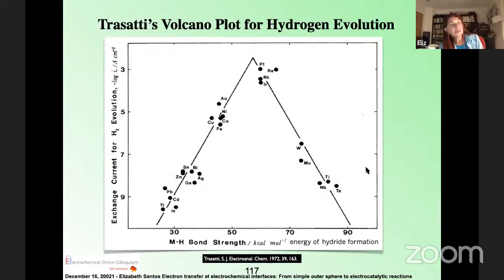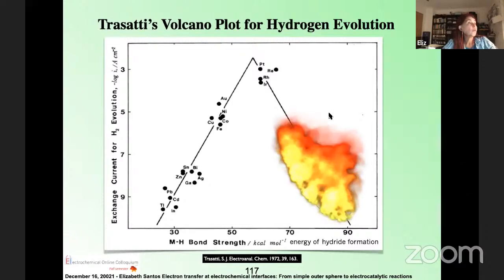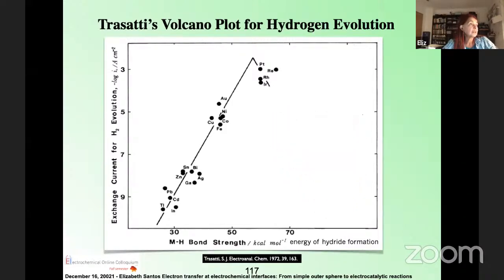But if we pay attention, all these metals here are not actually bare metals; they are covered by an oxide. That means we cannot consider them in the same way as the other metals. Then one part of this volcano plot disappears, and we have a volcano without the descending part.